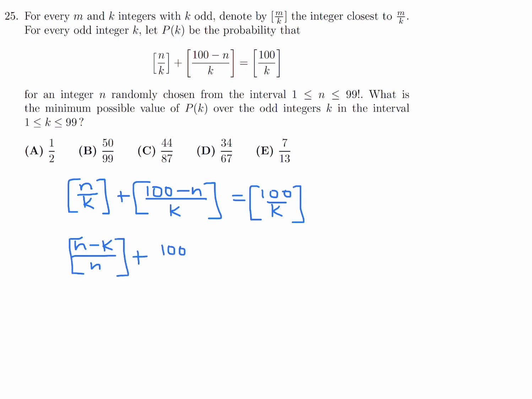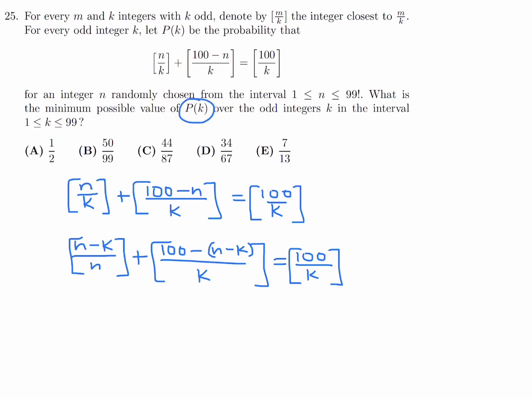So this becomes 100 minus n minus k, like this. And this side is, of course, unchanged as 100 over k. Now, what that helps us, hopefully, is understand that we can just consider p at k for values of n that are less than k, because it will always hold true.